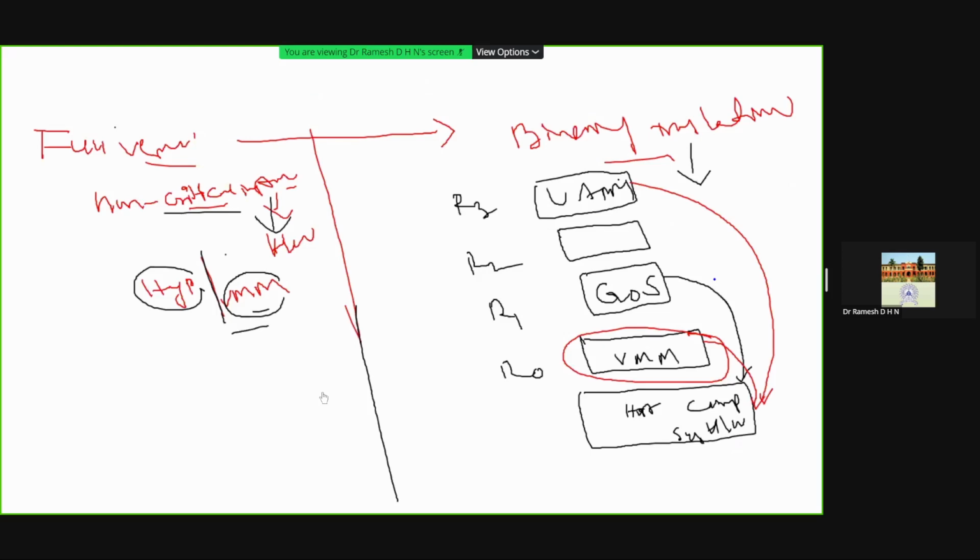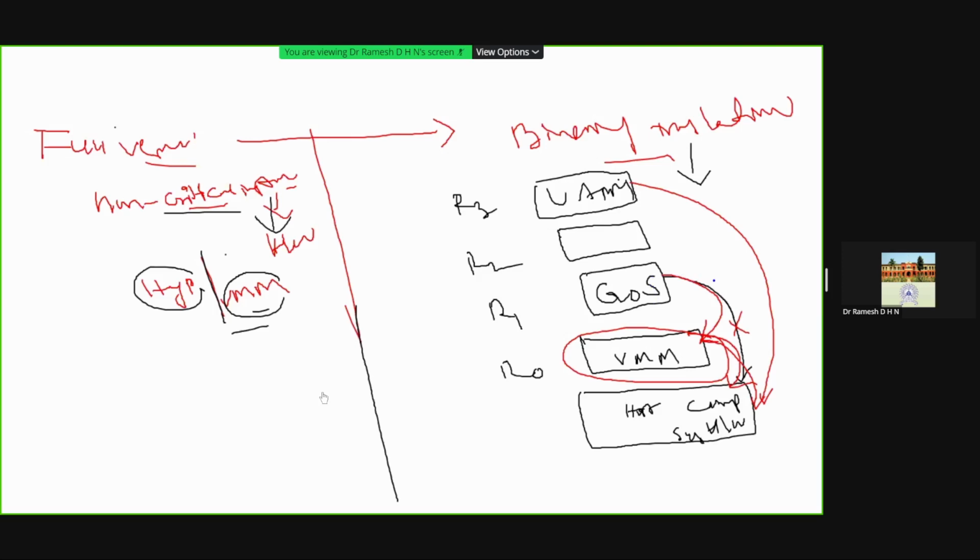Instead of taking individual directions from the guest operating system to host hardware and from the VMM to hardware, we now have the communication from the guest operating system to the VMM, and again from the VMM to host hardware. This concept is not there anymore, so there is no direct communication from the guest operating system to host hardware.